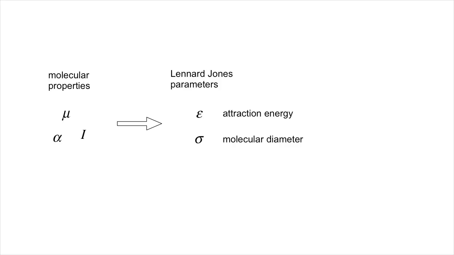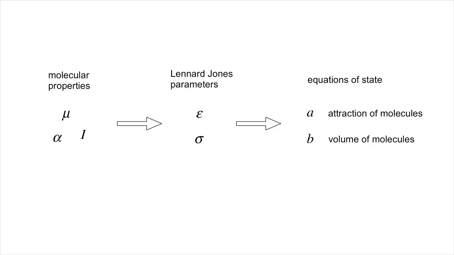We did some simulations, and then summarized the results using the Van der Waals equation, which invokes yet another set of parameters, A and B, A being associated with energetic strength of interactions, and B, which is related to the volume occupied by the molecules, and thus also their size.